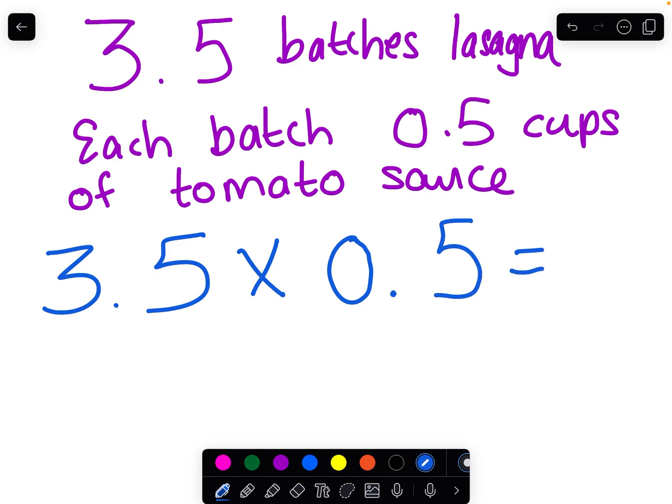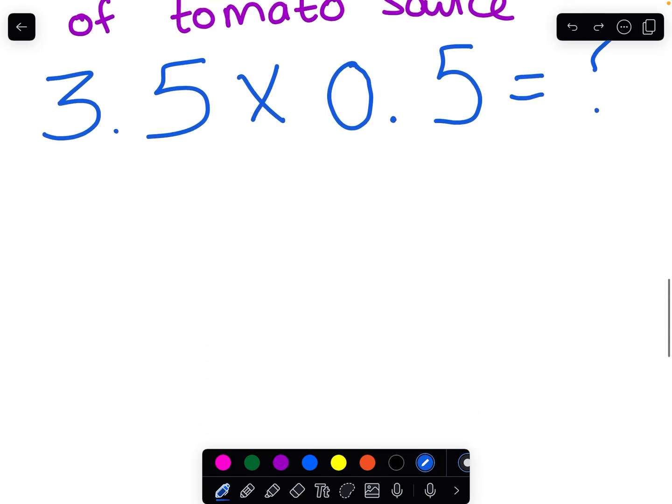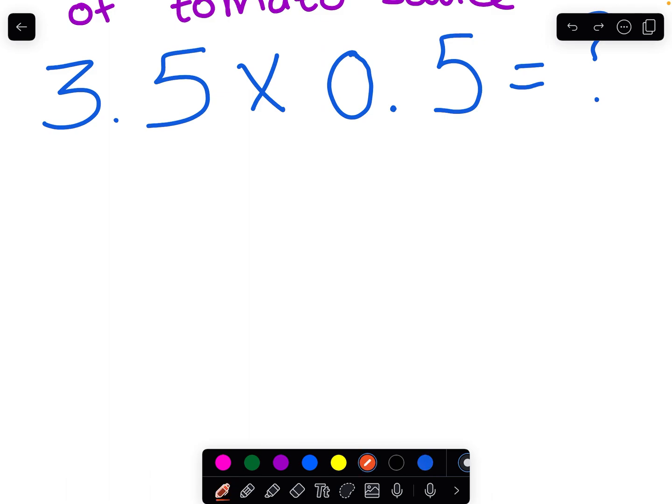How many total cups of tomato sauce will I need? Okay, 3.5 times 0.5. Well, I tend to use the standard algorithm for multiplication, so let me set my problem up.